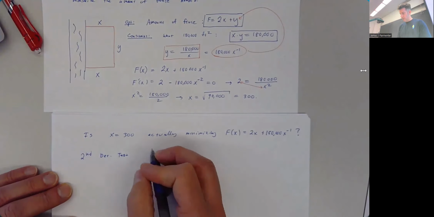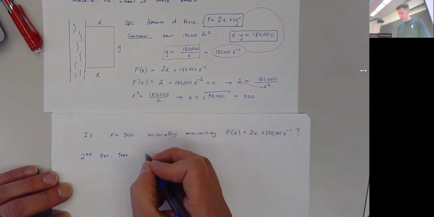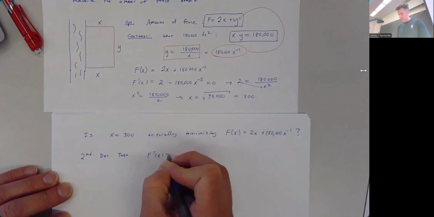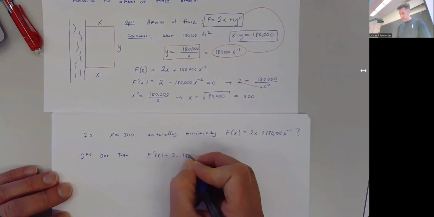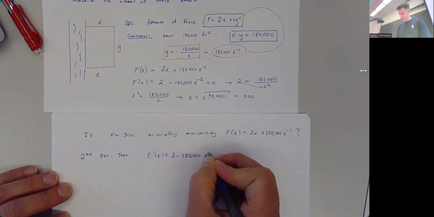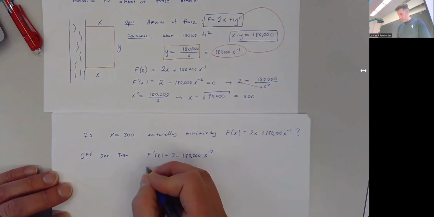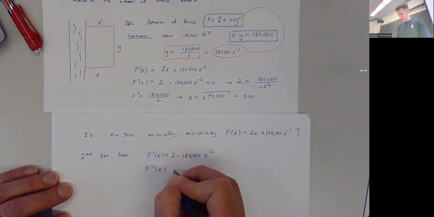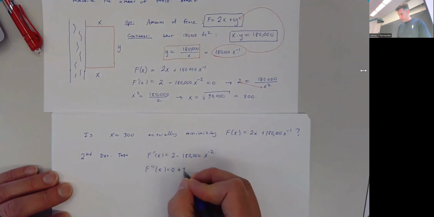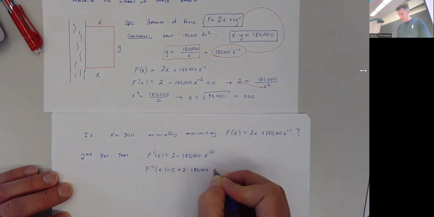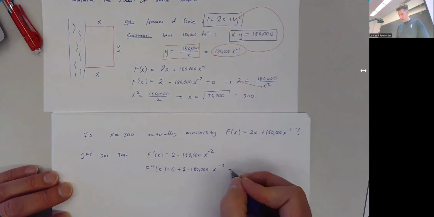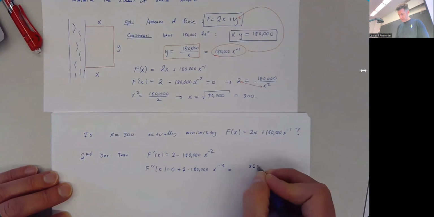So our first derivative was 2 minus 180,000 x to the negative 2. And our second derivative is going to be 0 minus 2, so plus 2 times 180,000 times x to the negative third. Or I would probably write it as 360,000 over x cubed.